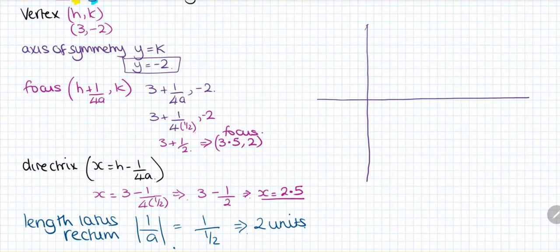We'll have 1, 2, 3, 4, 5, 6, 7, 8, and 1, 2, 3, and 1, 2, 3, 4, 5, 6, and 1, 2, 3, 4, 5. Okay, so what do we have? 1, 2, 3, 4, 5, 6, 7, 8, minus 1, minus 2, minus 3. So just labeling this.